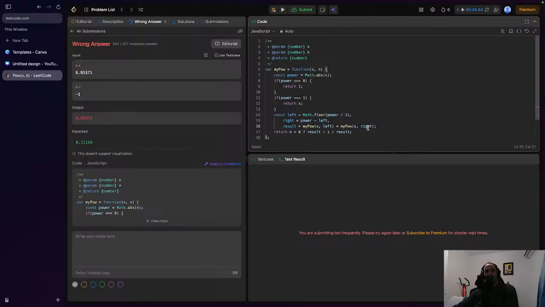That would give us that x over there, and the left would be 1. Because it would be power, which is -1 divided by 2, which would be -0.5. -0.5 floor would be 0. Power is 1. 1 minus 0 is 1. So it's 0 and 1. This left side would be 1. This right side would be 8.9. The n should still be -1. So ultimately, we should be going down this route.